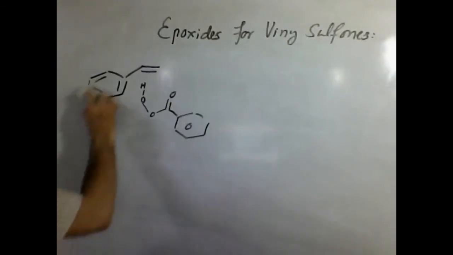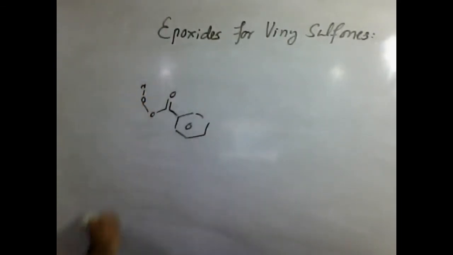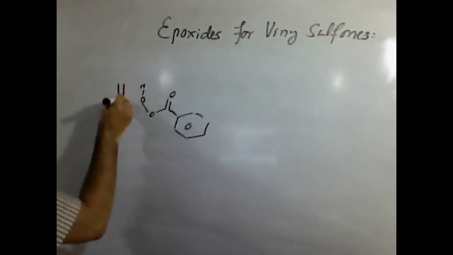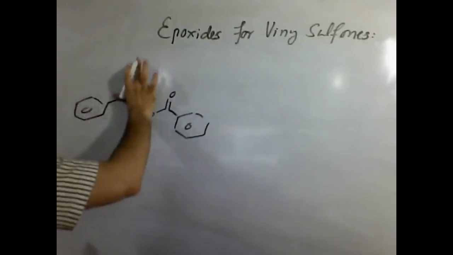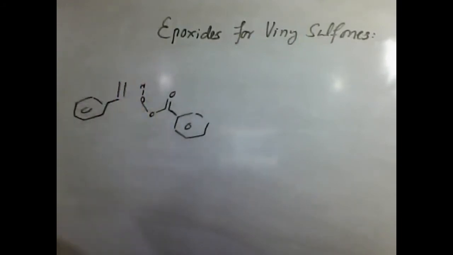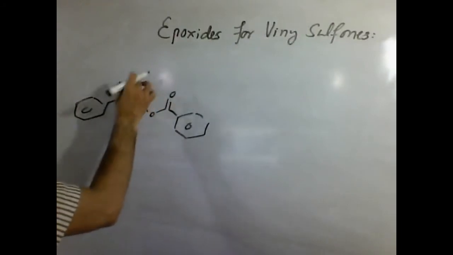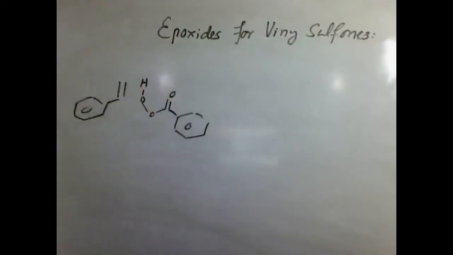If you want to comprehend it in a better way, better to write that as well with a double bond over something like that. Styrene could be written as well. Okay, just to keep both towards each other so you can see what happens.